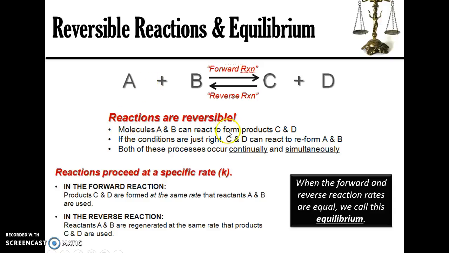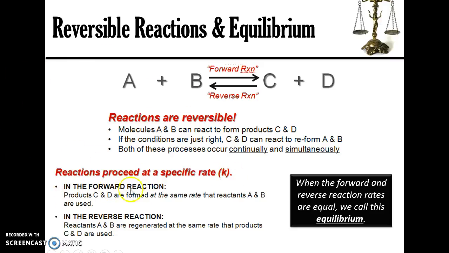So molecules A and B can react to form products C and D, and if the conditions are just right, C and D can actually go back and reform A and B. And these processes will occur continuously and simultaneously. So while some of your A plus B is turning into C plus D, some of your C plus D will be turning back into A plus B. And we saw that yesterday when we were just looking at A going to B and B going back to A. You guys could see some of the little molecules of B turning back into A.